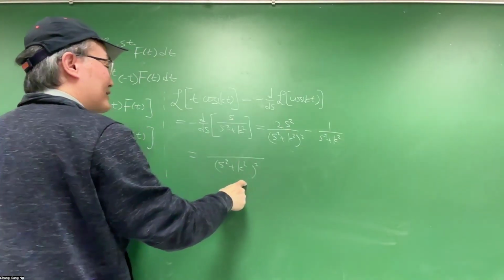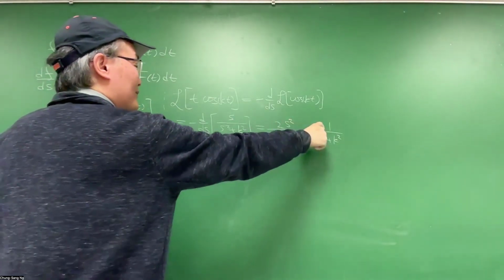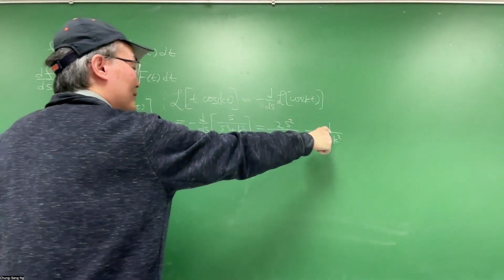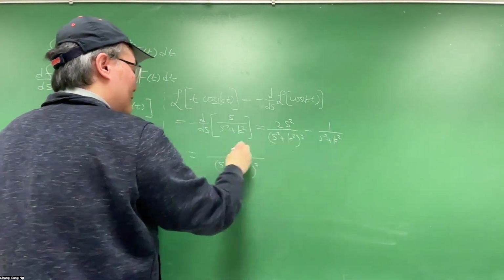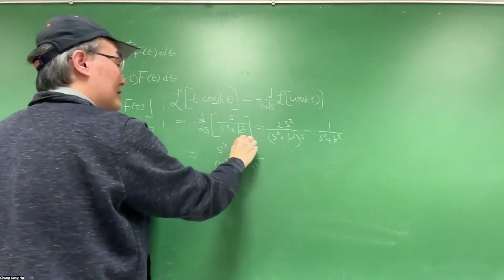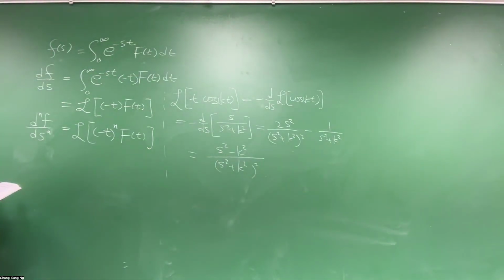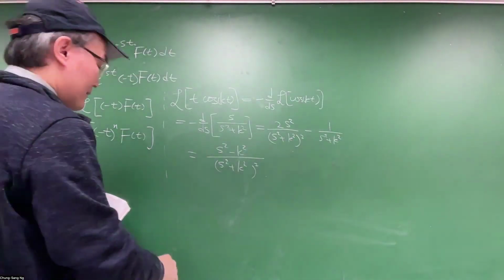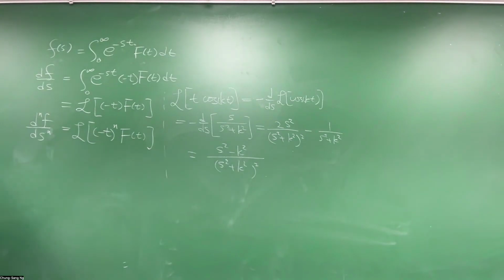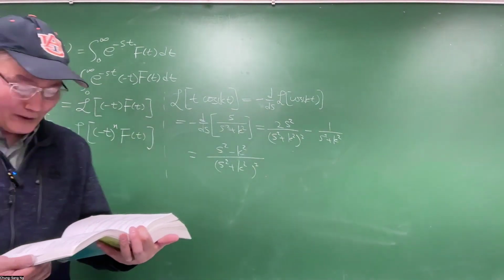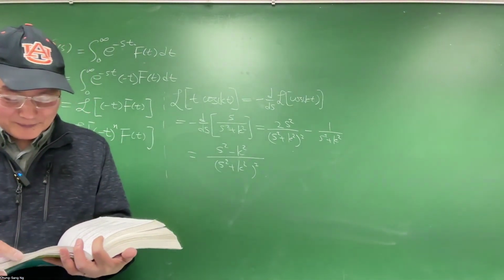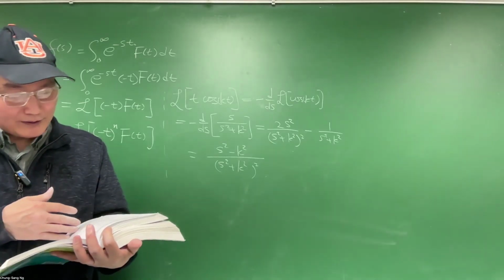The original was s. So 2s squared minus s squared minus k squared is s squared minus k squared. Yeah, so that's just a very trivial example, and obviously you can keep doing that.